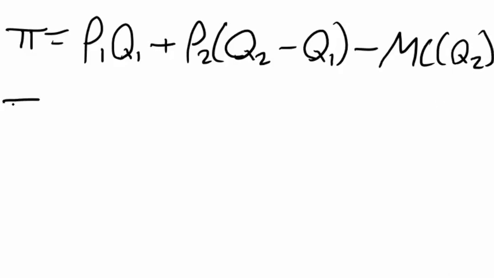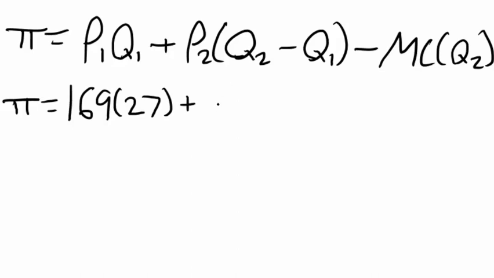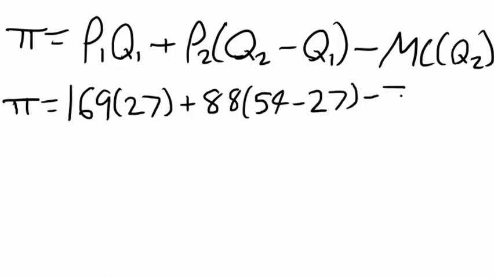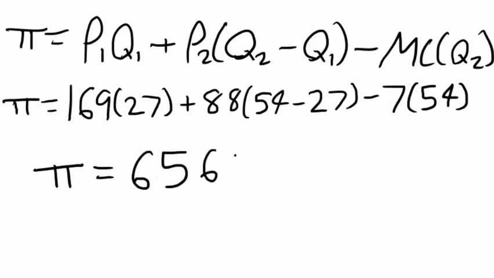And so if we plug in what we know, we get a profit of 169 times 27 plus 88 times 54 minus 27 minus 7 times 54. And if we plug this all into a calculator, we get a final profit of 6,561.